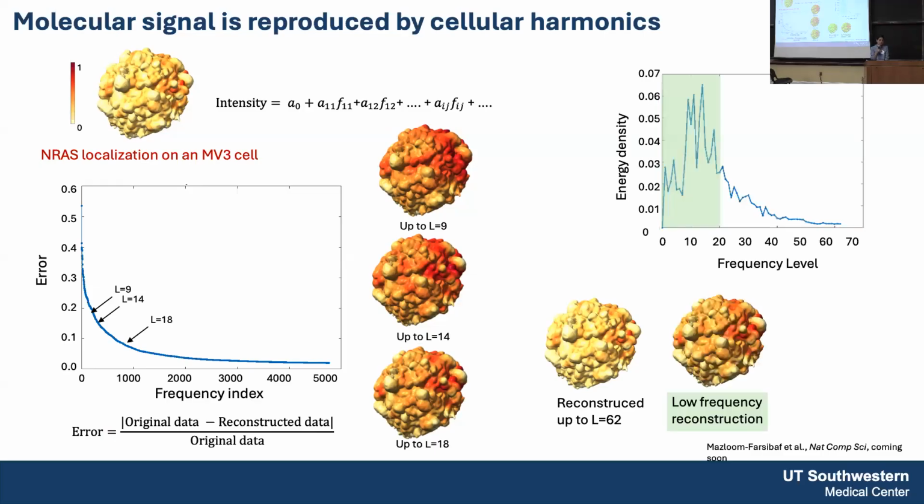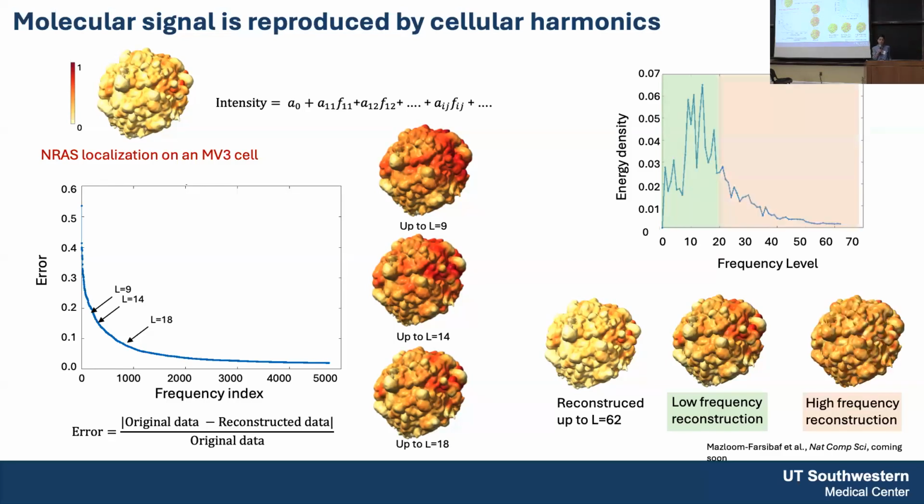And since we have our parameters, we can filter the signal in a precise way. We can consider low frequency versus high frequency, where biologically the low frequency gives us the global behavior of the pattern, while the high frequency gives us insight into nanoscale fluctuation of the protein aggregation.